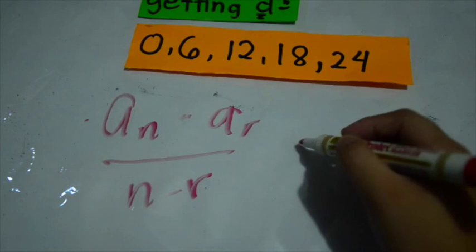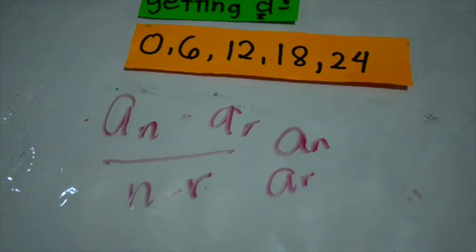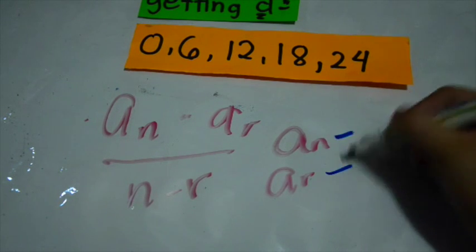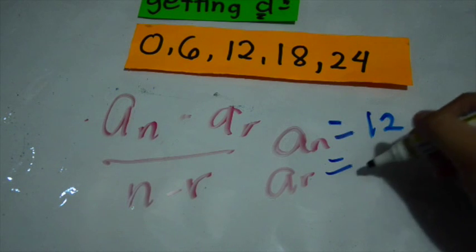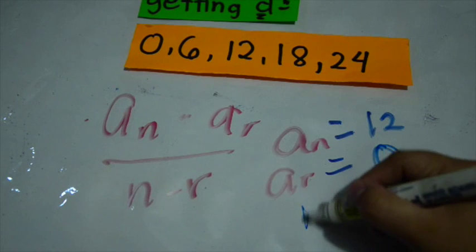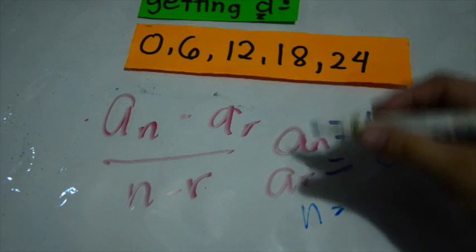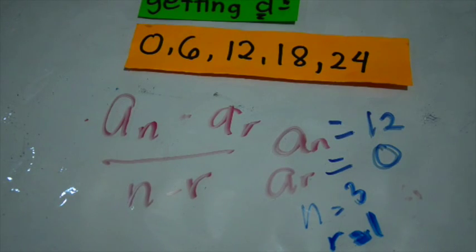Assume that a sub n is equal to 12 and a sub r is equal to 0. So we can define n as equal to 3 and r as equal to 1.